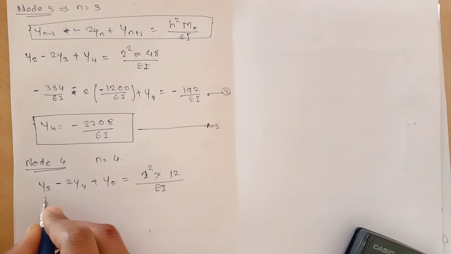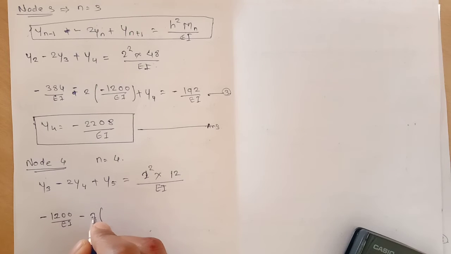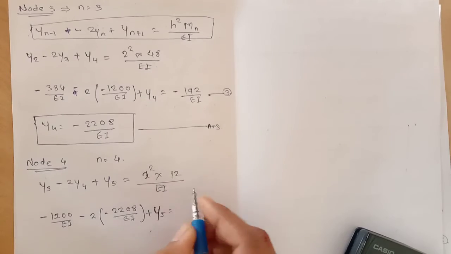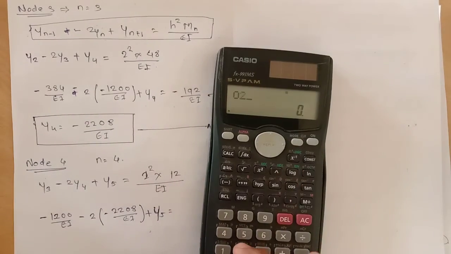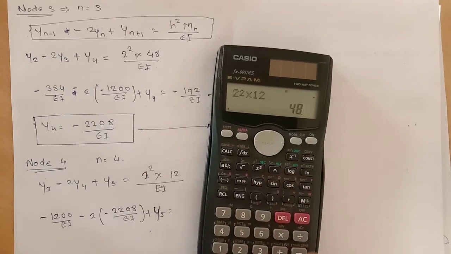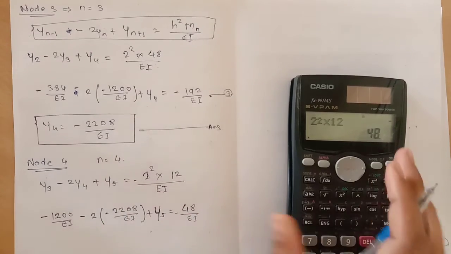So our y3 value is minus 1200 divided by EI, minus 2 into bracket, the y4 value is minus 2208 divided by EI, plus y5 is equal to minus 2 squared into 12, that means 48. So here 48 divided by EI, with a minus sign because of hogging bending moment.